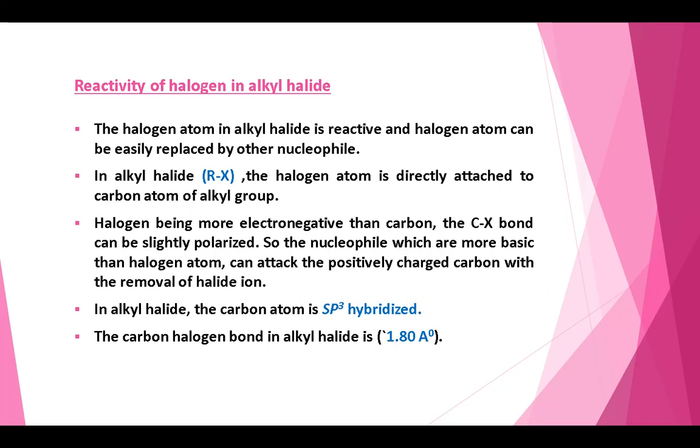Halogen being more electronegative than carbon, the C-X bond is slightly polarized. Therefore the nucleophile, which is more basic than the halogen atom, can attack the positively charged carbon with the removal of the halide ion. In alkyl halide, the carbon atom is sp3 hybridized.